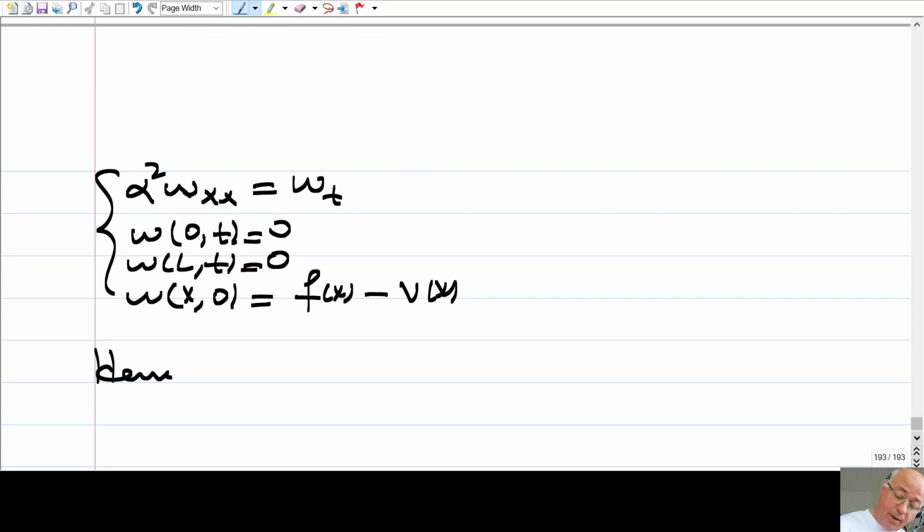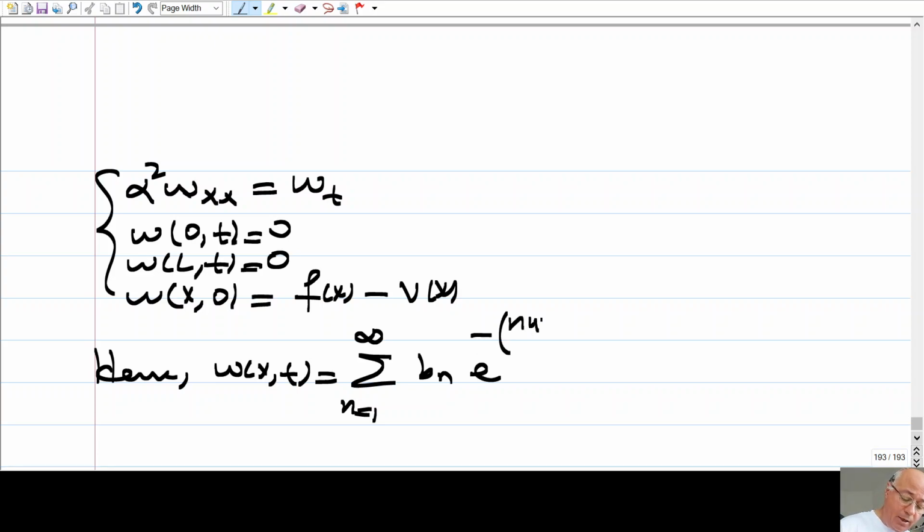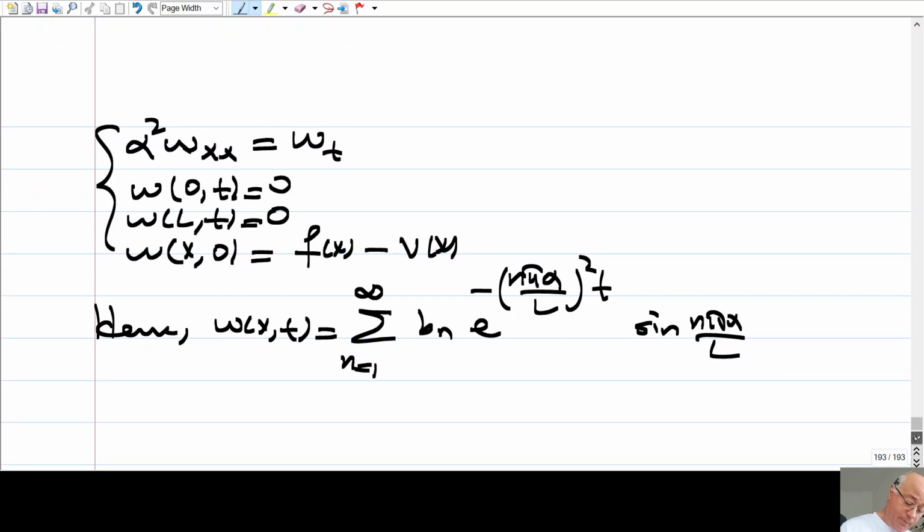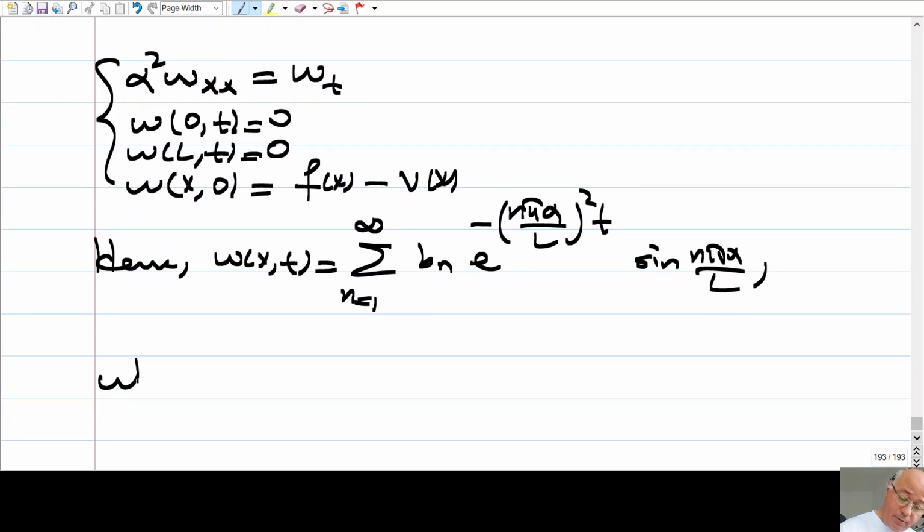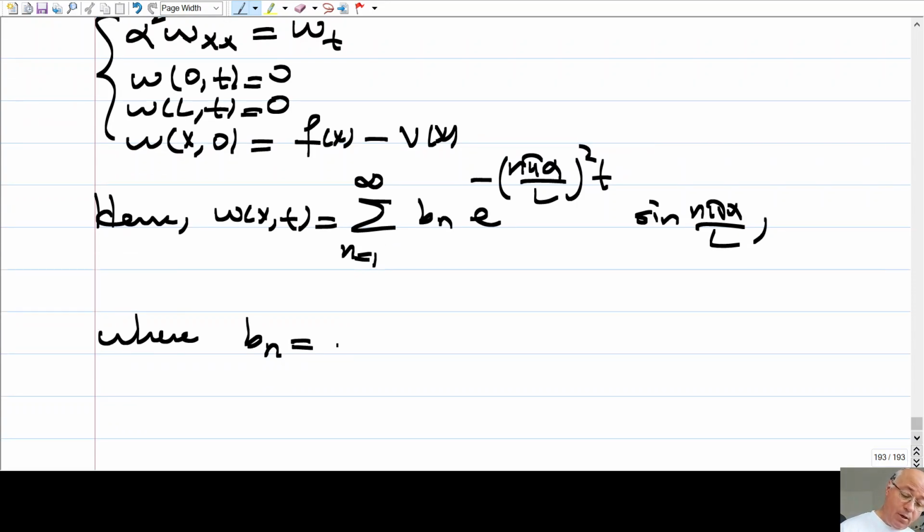Hence w(x,t) has a form like this. So it is the sum of b_n, n from 1 to infinity, e to the power minus (n pi alpha over L) squared t, sine n pi x over L, where b_n is just 2 over L, integral 0 to L, sine n pi x over L times f.